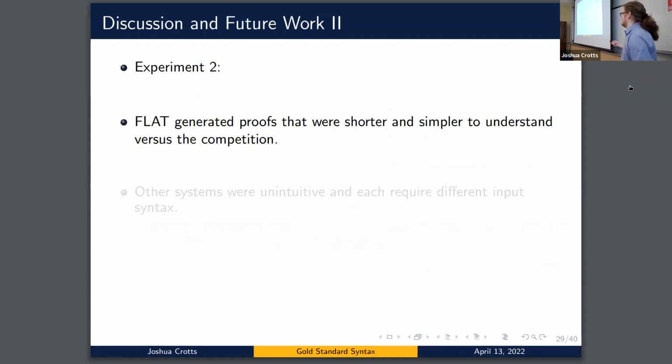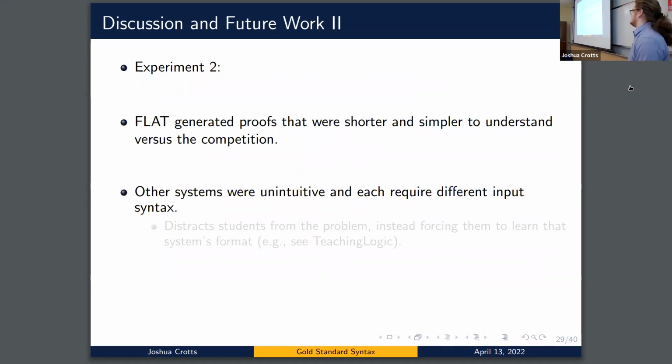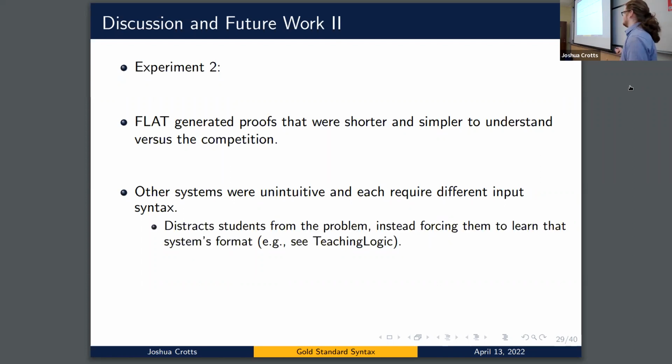As we said, FLAT generates proofs that were shorter overall out of those 288 proofs that were simple using our metric to understand, versus the other 3 systems that we tested. We also saw that other systems were generally unintuitive and require different input syntaxes. So students will often have to learn how to use the system.